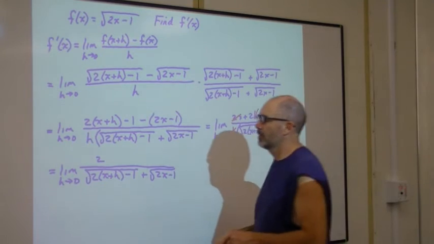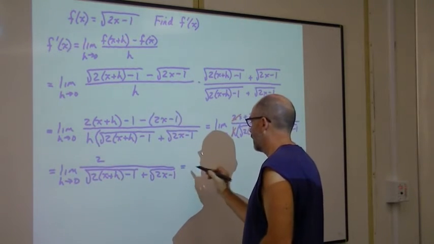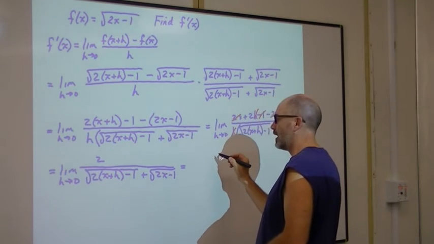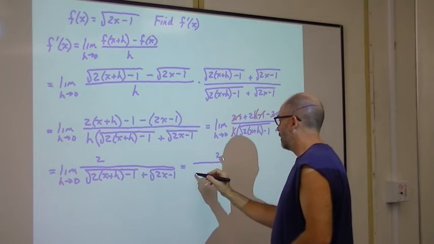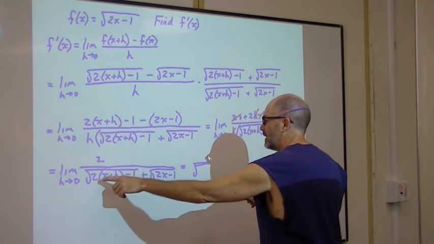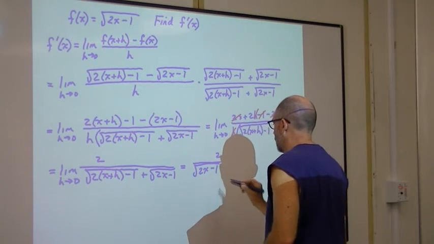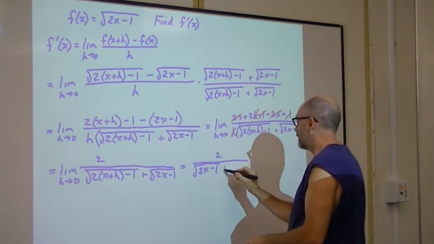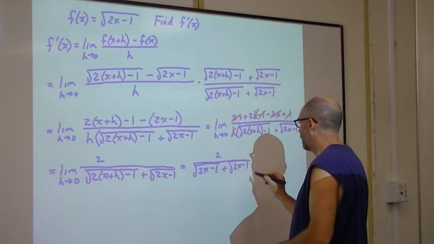So what's that equal? Well, when we put in the 0 for h, we've got 2 over square root of, this is just 2x minus 1. And then we have plus another square root of 2x minus 1.